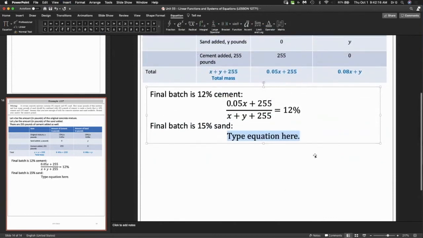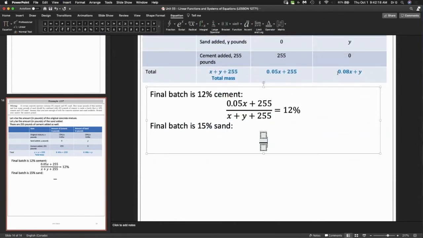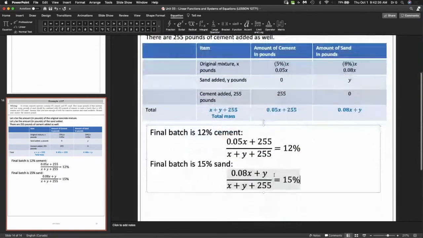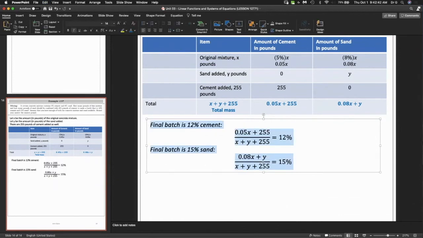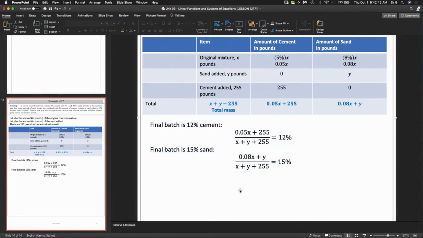And you can repeat that process again for the other one. And that's it, everybody. That's your system. That's the system, guys.